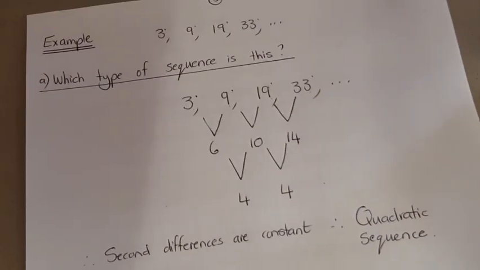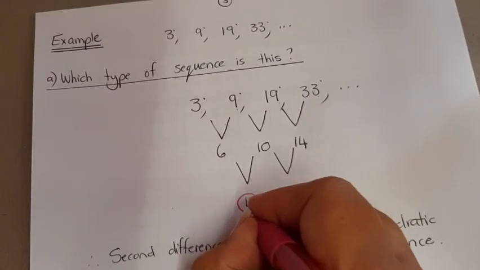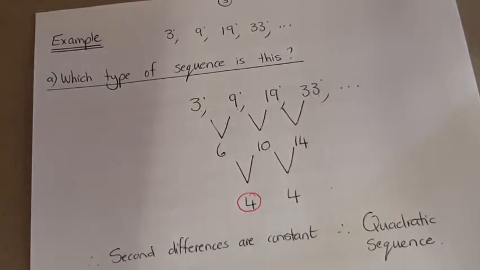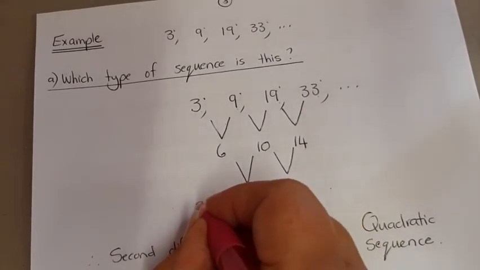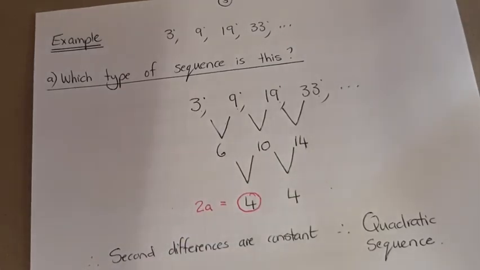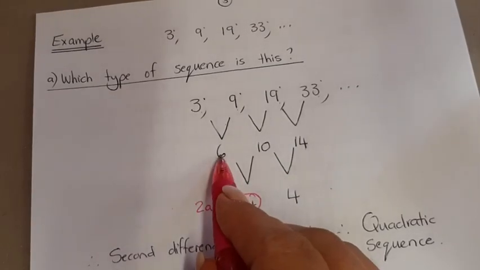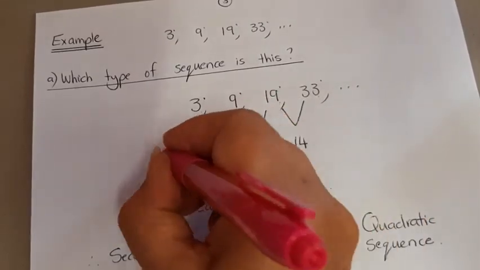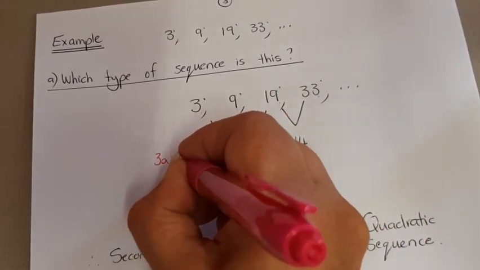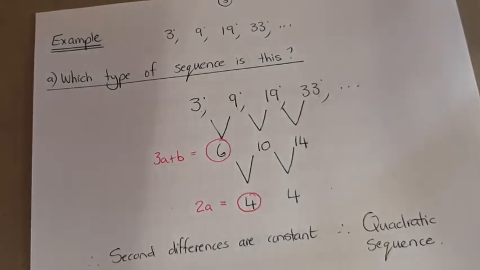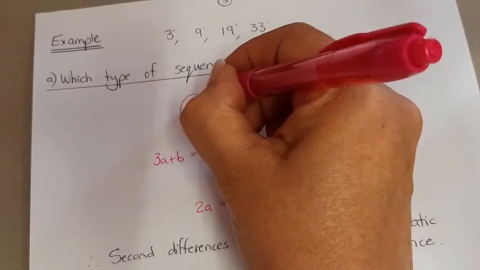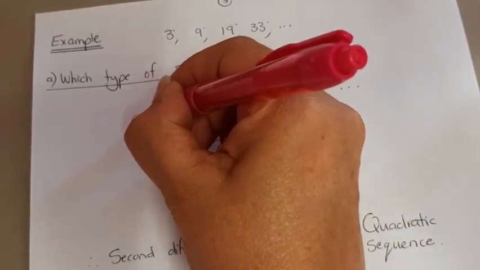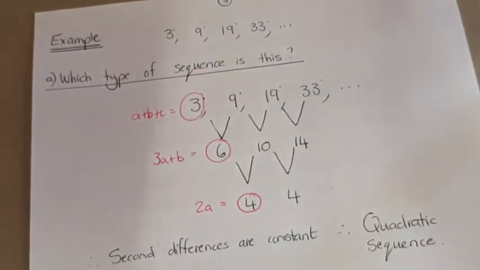Now we know that the second difference equals 2a, and the first difference equals 3a plus b. We also know that term 1 equals a plus b plus c.